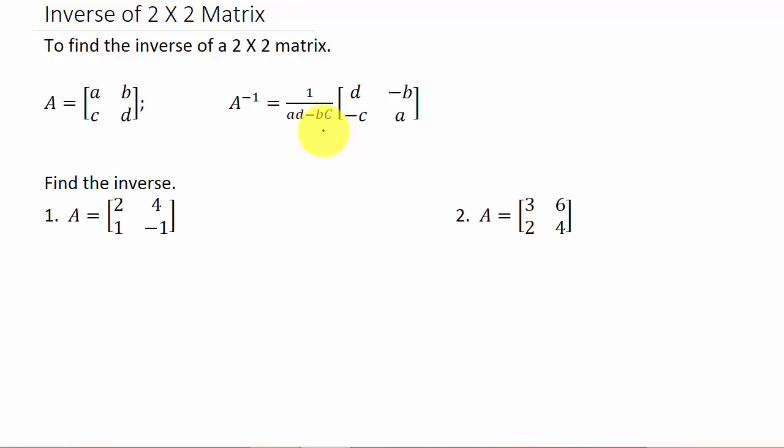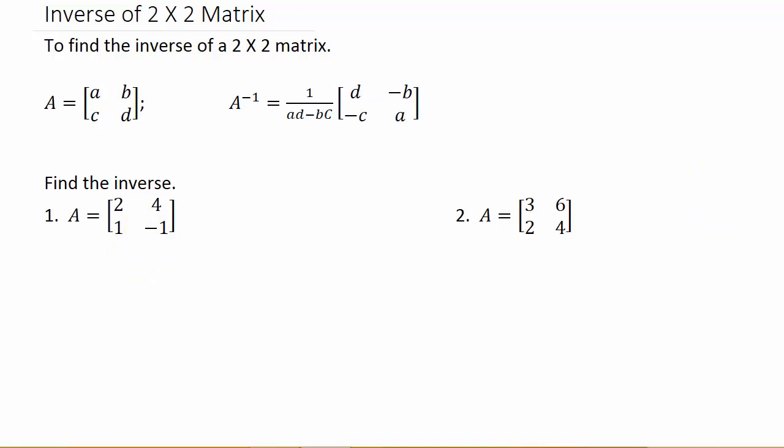A matrix that does not have an inverse is called a singular matrix. One of the examples I'm working here doesn't have an inverse, and you'll know how to spot it. Well, let's look at this first.